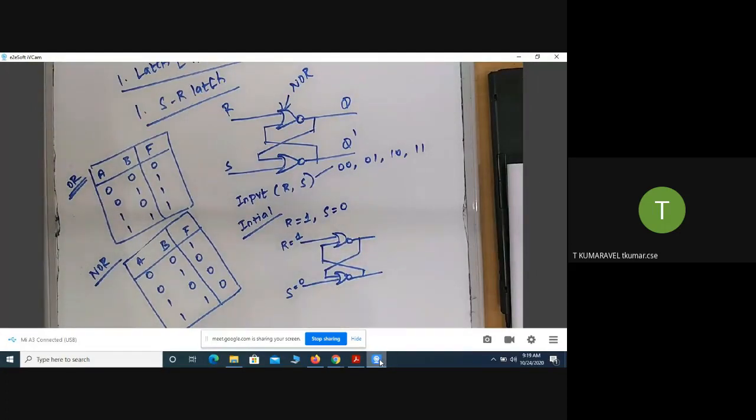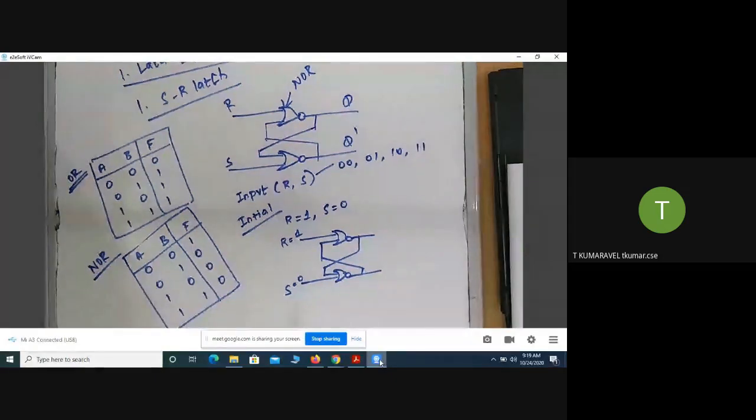From this truth table, we are going to infer one piece of information. If any one of the input values equals 1, definitely the output equals 0. Here there is a one, so the output is 0.